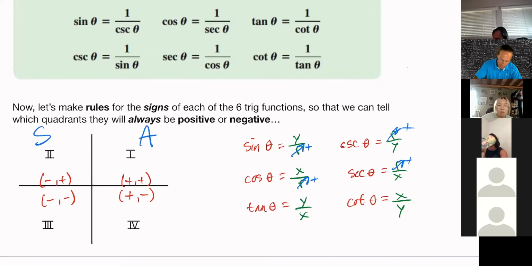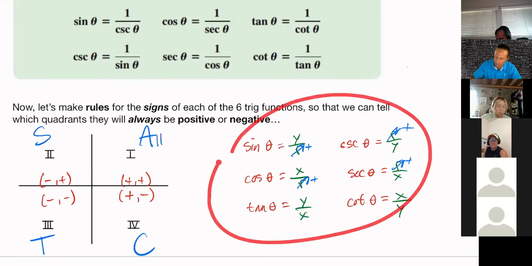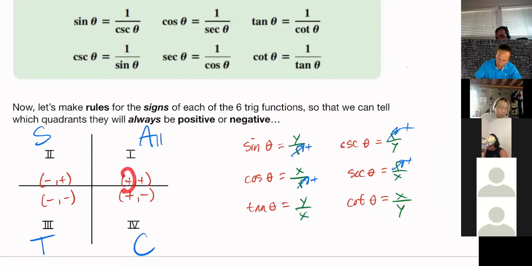All Students Take Calculus. What do you think the A stands for? All. Every single one of our 6 trig functions is going to be positive in this quadrant. How come? X and y are both positive, and we know r is always positive.